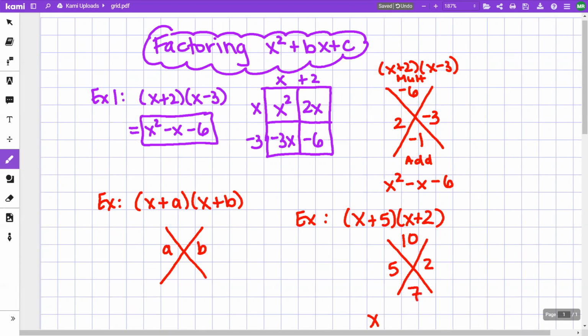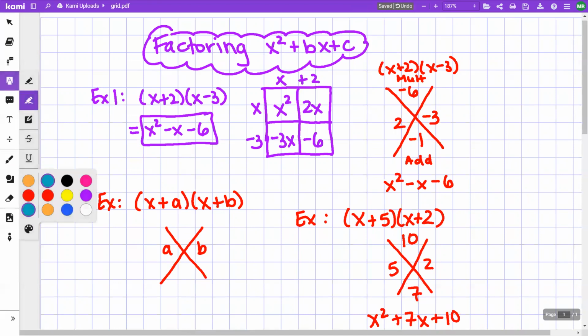My answer is going to be x squared, because an x times x is x squared. Then my sum here is going to be my x, and the 10 here is going to be my constant. Let me color code those. So my 7 goes with the x, and the 10 is your constant.